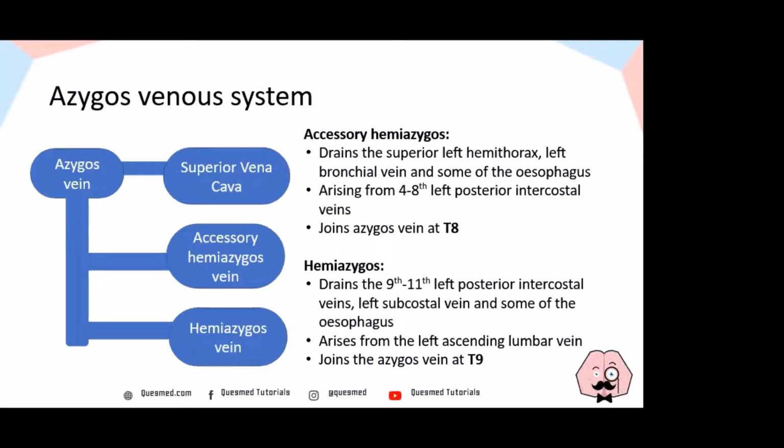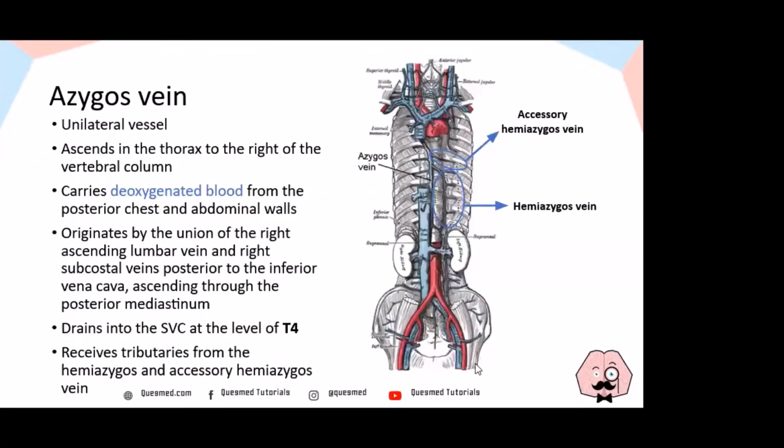So it comes from the abdomen and it drains the more inferior intercostal veins posteriorly, as well as your left subcostal and some of your esophagus. And it joins the azygos vein at about the T9 level. And this diagram shows it quite well. So this is your azygos here. This is your hemiazygos, which joins here, and then your accessory hemiazygos, which is here and joins a bit higher.